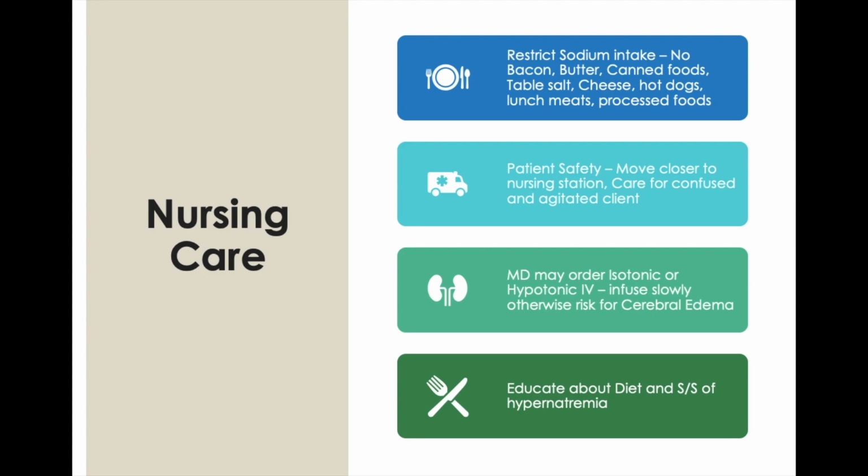In this case, the medication that the doctor is going to order is either the isotonic or hypotonic fluid. So isotonic, like I told you guys, is not going to do anything to the electrolytes. It's just going to add fluid. Okay, so what it will do is basically dilute the sodium inside the bloodstream.